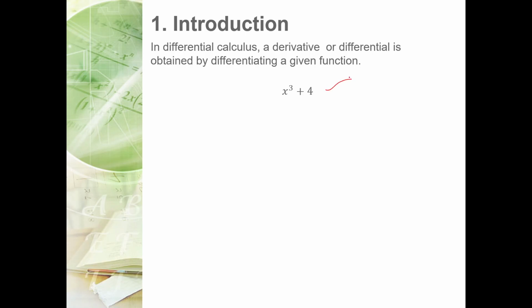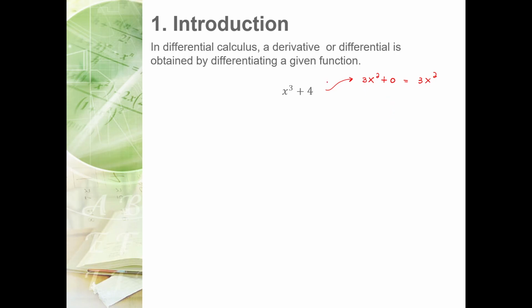As you can recall, it's pretty easy. The derivative of this function is 3x squared, plus 0, because the derivative of a constant is 0. So your final answer would be 3x squared, and that's the derivative of the function.